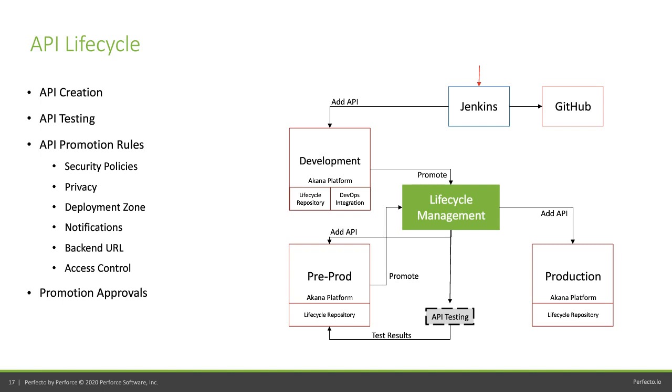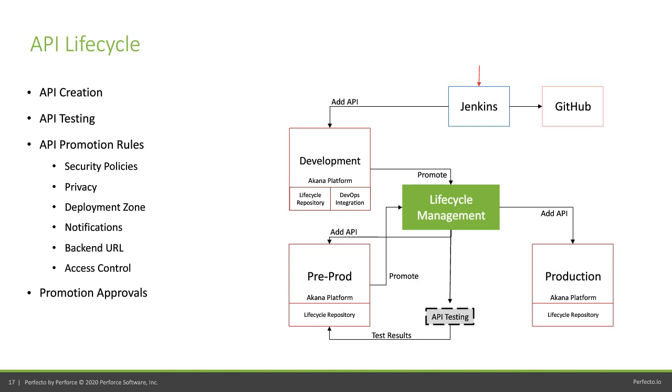It adds or publishes that API artifact into the development environment, which kicks off a notification to the respective API developers or owners community, which can come in, inspect the API, make sure the needed documentation is in place, and then if they are satisfied with the unit testing, they can initiate the promotion of the API to the next environment.